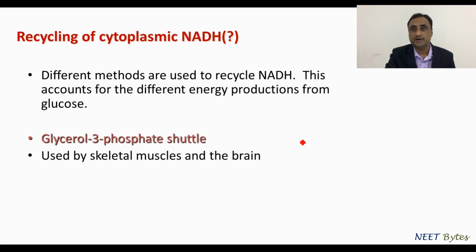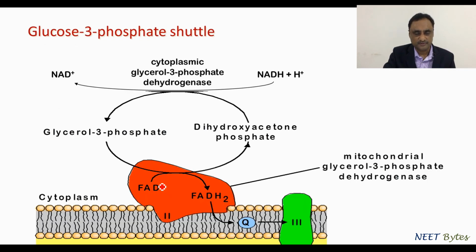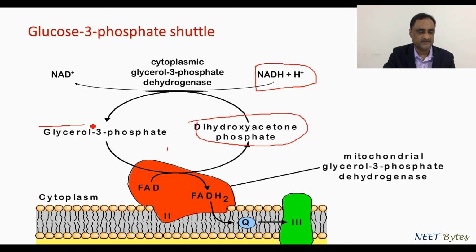Now let's discuss how this glycolytic NADH enters the mitochondria. I told you there are two pathways. One is what we call the glycerol 3-phosphate shuttle, and the second is the malate aspartate shuttle. One by one we will see. So let's first see the glycerophosphate shuttle. Have a look at this shuttle. NADH binds with DHAP, dihydroxyacetone phosphate, and as a result glycerol 3-phosphate and NAD are formed.